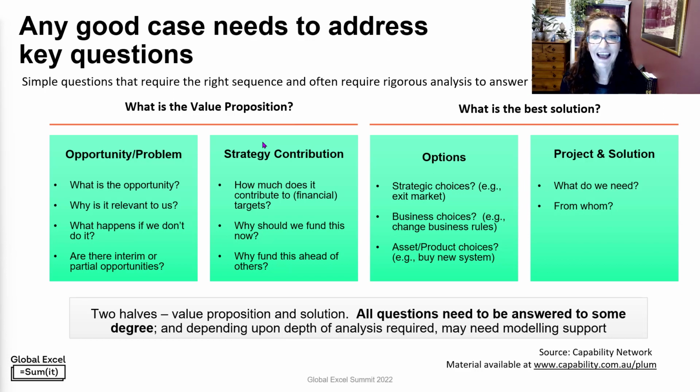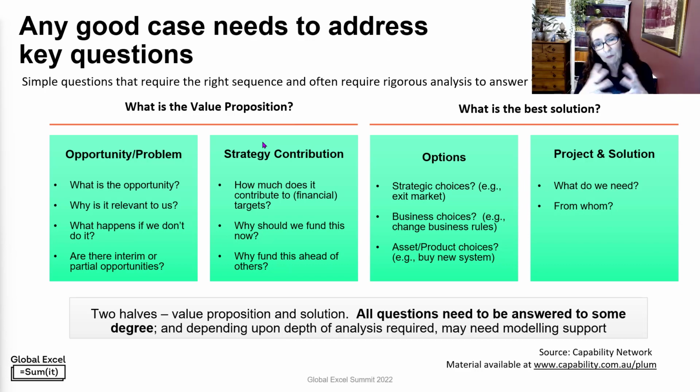Don't do that. You do need to address all of these points, even if it's just at a fairly high level, or if it's a really in-depth business case, then you'd go into a lot of detail. It really depends on how much time you have or how much is at stake with this business case. So do all of these steps in varying degrees of depth and model complexity.